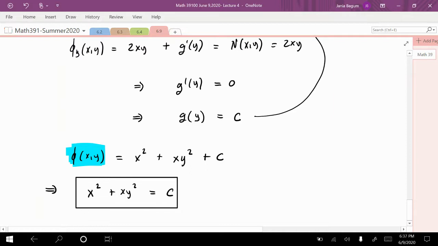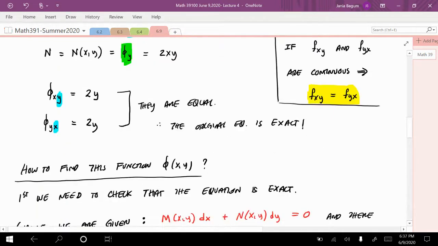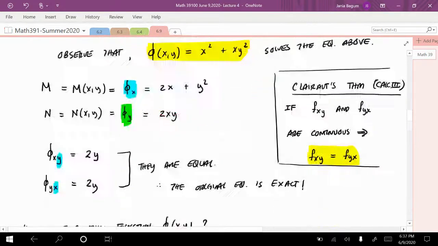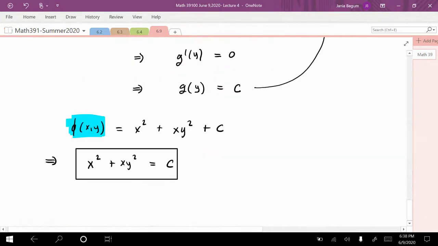Let's check. If you go back to my observation, right here, phi, this magical function that I said solves the differential equation, is x squared plus xy squared. So there you have it. You have the steps. How do you compute this function phi?